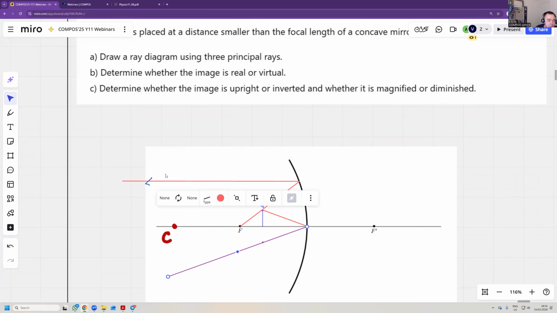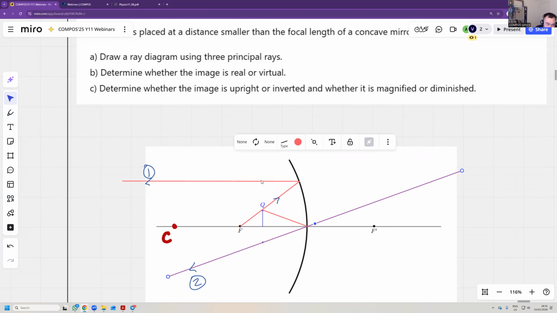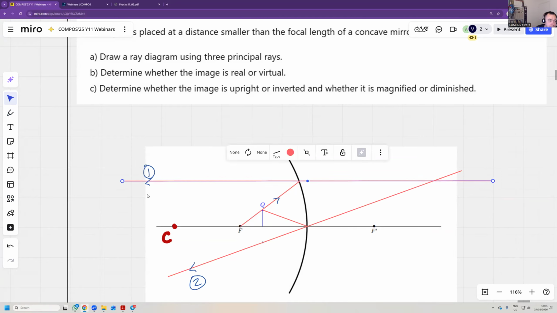Okay, and where the two rays meet, so this is ray number 1, this is principal ray number 2, where the two rays meet, of course, they don't meet, their extensions meet. Okay, this is where your image is.